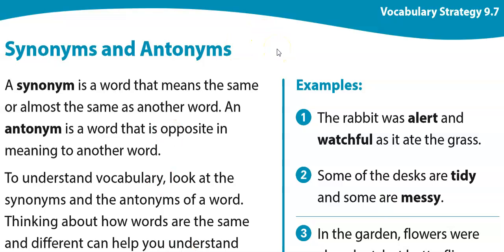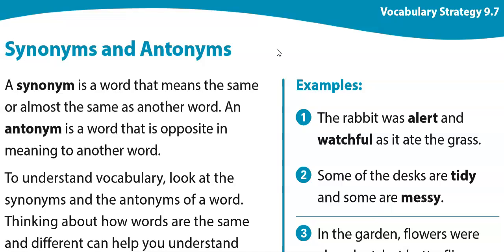Now, synonyms and antonyms, that is something that we've worked with all year. A synonym is a word that means the same or almost the same as another word, and an antonym is a word that is the opposite in meaning to the other word. And we've talked about how synonyms sometimes are kind of like a shadow.